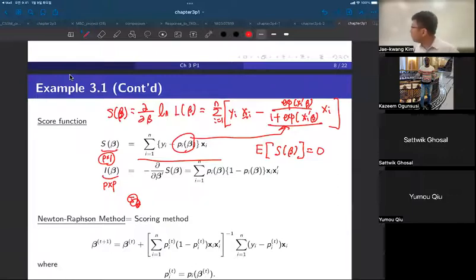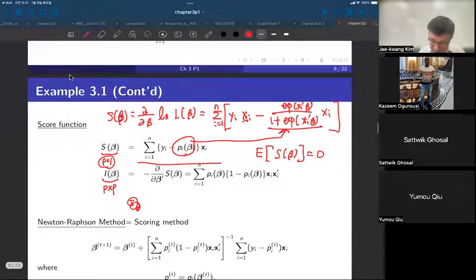We don't have to worry about the first term because y_i x_i is constant with respect to beta. So all we have to do is this. It looks a little unpleasant, but you can still try. Probably the best way is we take the minus already.